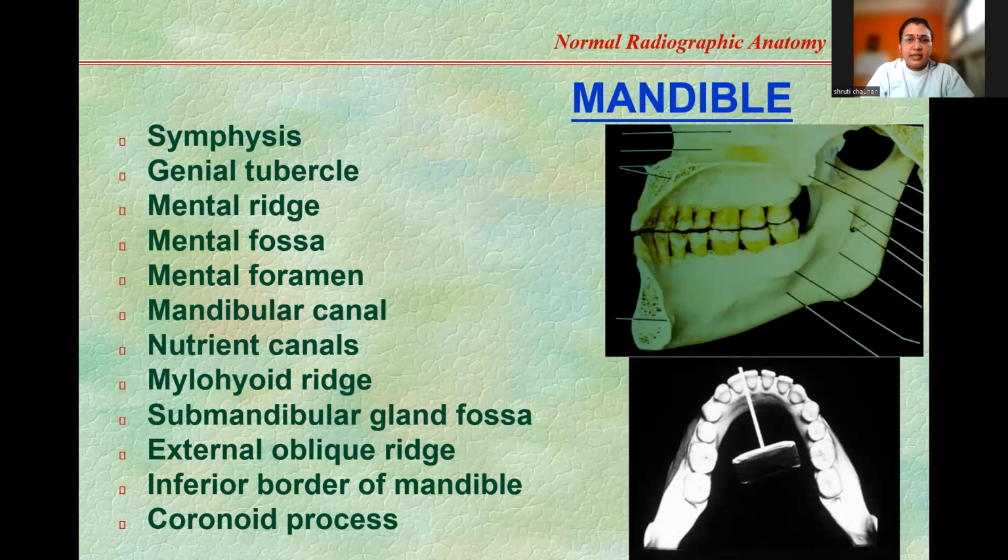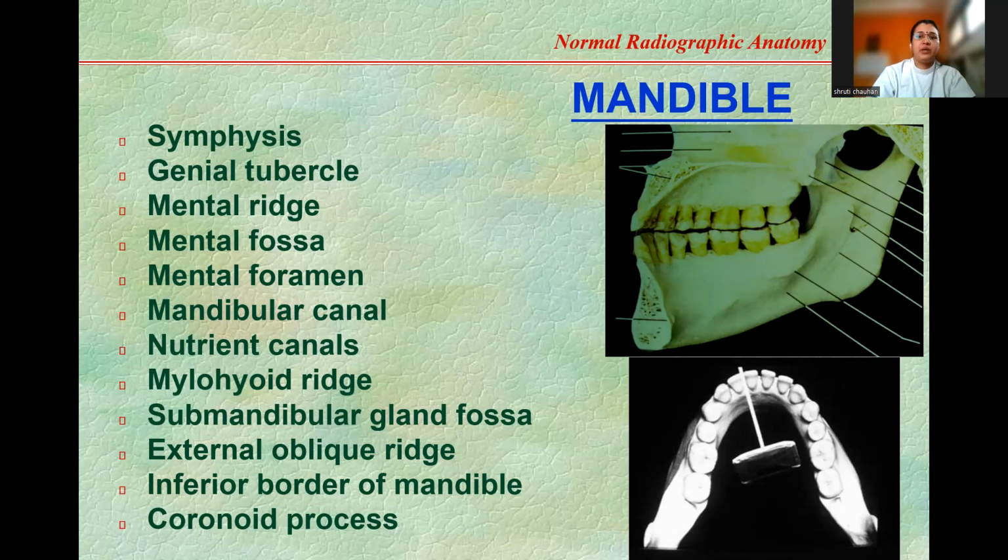So we have started now with the mandible. We'll go through all these terms first. The symphysis, genial tubercles, mental ridge, mental fossa, mental foramen, mandibular canal, nutrient canal, mylohyoid ridge, submandibular gland fossa, external oblique ridge, inferior border of the mandible, and the coronoid process.